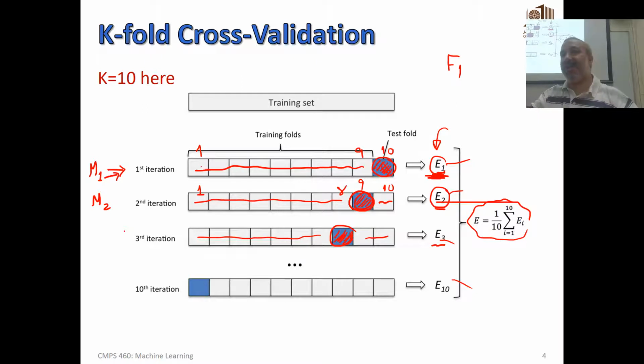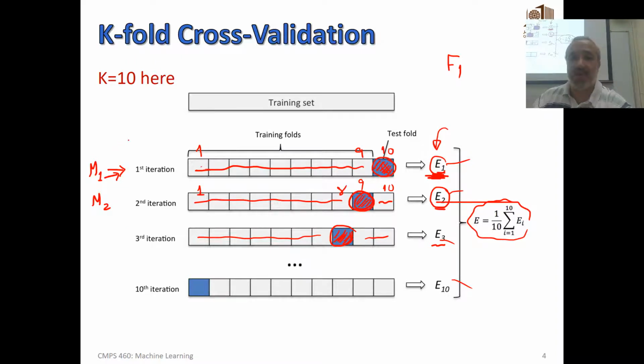When you say model, you mean the trained model or the learning algorithm? The trained model, of course. We are training from scratch with every iteration. Of course, when we train the model from scratch, the values of the parameters of the model will change. That's why it's a different model. Take the perceptron, for example.